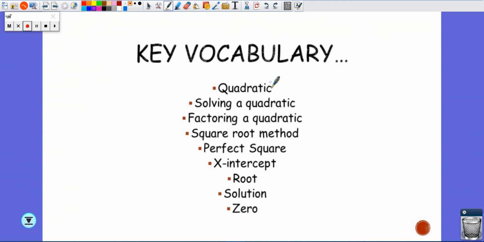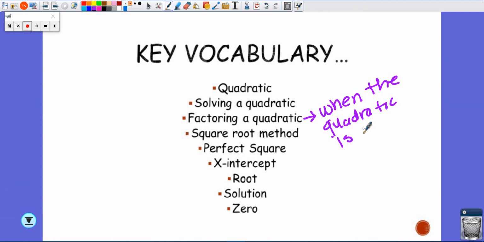The only new word here is factoring. We know we solve quadratics to find the x-intercepts, and factoring a quadratic is when the quadratic is broken down into two binomials.